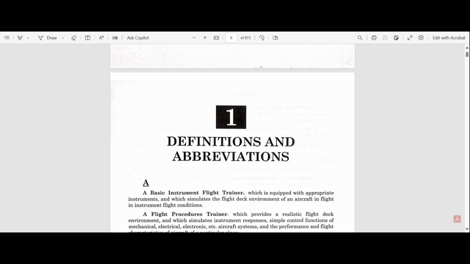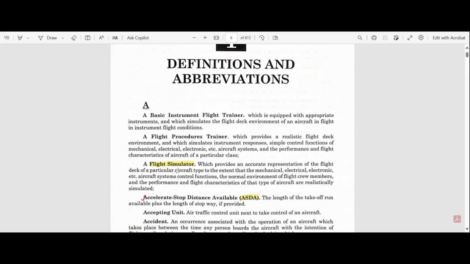So the very first definition is a flight simulator. So what is a flight simulator? It's basically an actual representation of the flight deck, or what we call a cockpit, of a particular type of aircraft, such that the mechanical, electrical, etc., all of the aircraft working systems and control functions are the same.